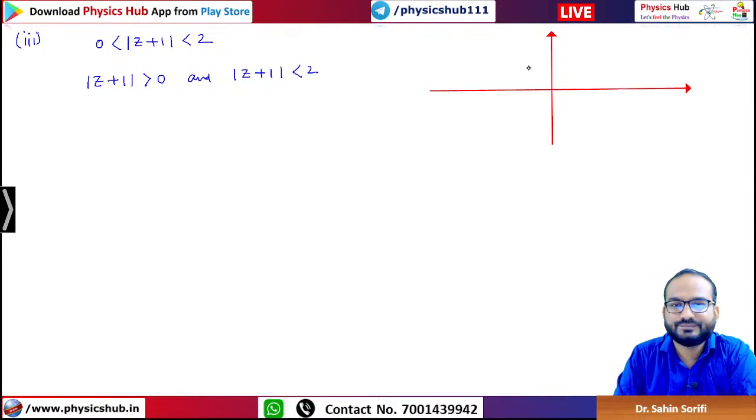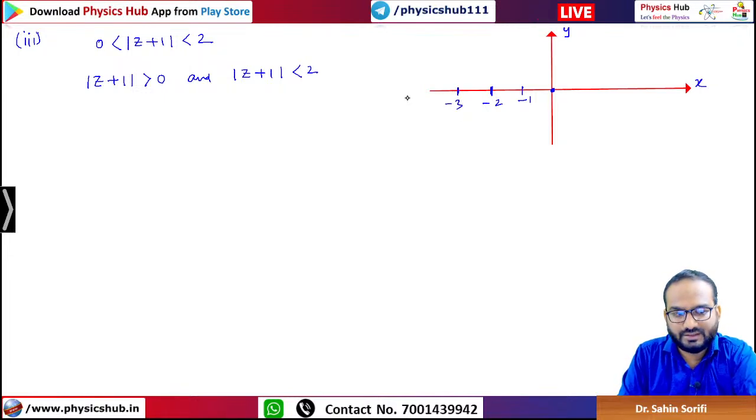This is z equals 0, z equals minus 1, minus 2, minus 3 and so on. So z equals minus 1, here the center lies, but the radius should be between 0 and 2.